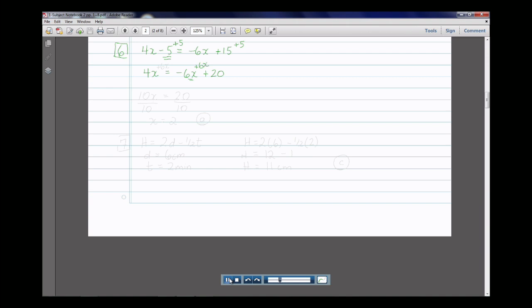So we add 6x to both sides. And now this is gone. We collect like terms on the left hand side. So you get 10x equals 20. The 10 is connected to the x through multiplication, so you have to undo that. You divide. So you end up with x equals 2, and that gives you A for an answer.